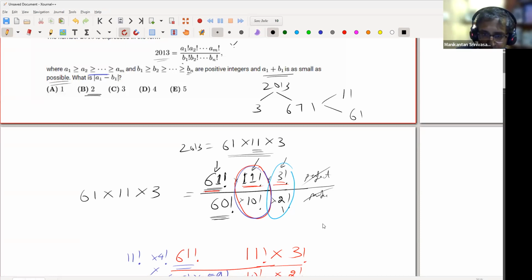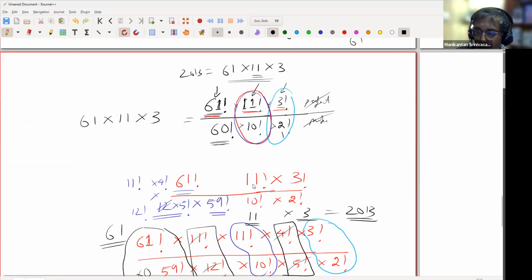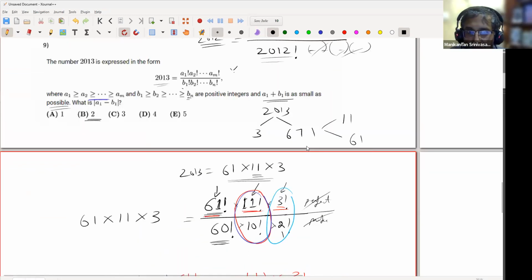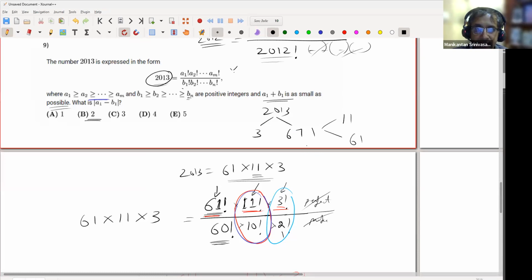Okay. So why could we split 60 into 5 and 12? Because 60 is not prime. Correct? Yeah. 59 is prime. So I don't want 59 in the numerator after all the cancellations because I know 2013's prime factorization is 61 into 11 into 3.